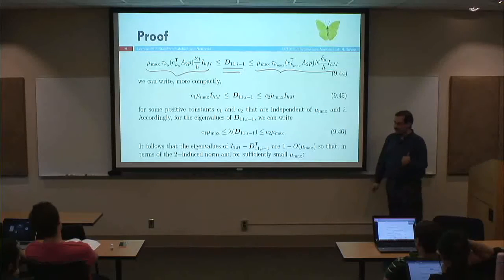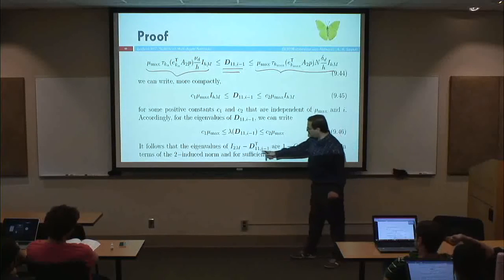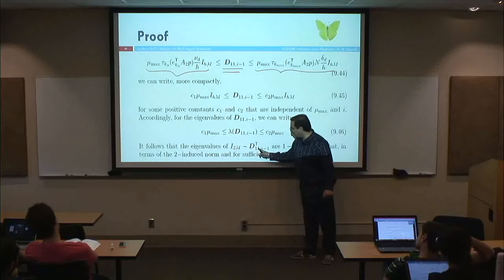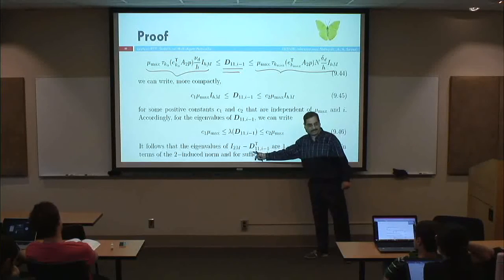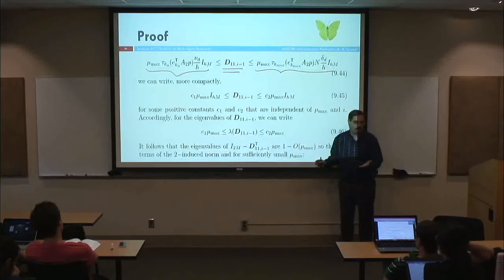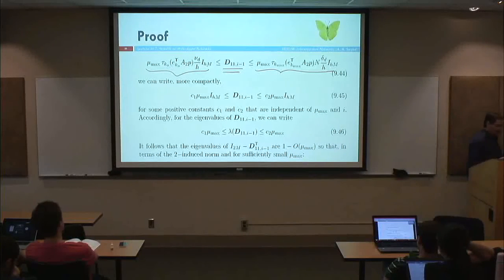Okay. So now, what are the eigenvalues of I minus D? They will be of this form: 1 minus the eigenvalue of D, which is something of the order of mu, right? So, what's the conclusion of all of this?